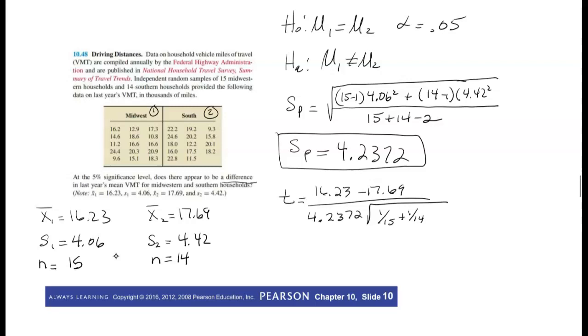Again, take your time. Get what's under the square root first. Do 1 over 15 plus 1 over 14. Get an answer. Take the square root of that answer. Multiply it to get your denominator. And then divide those two. And you should get, ultimately, negative 0.927.